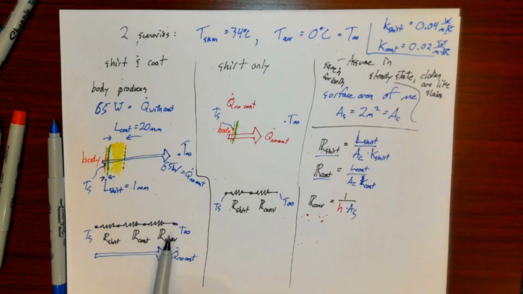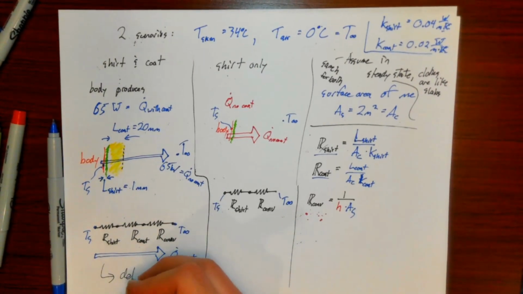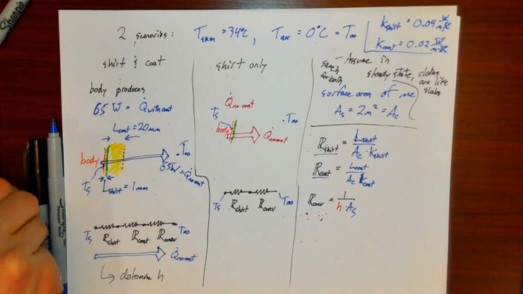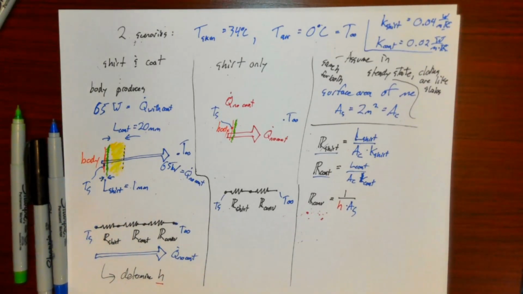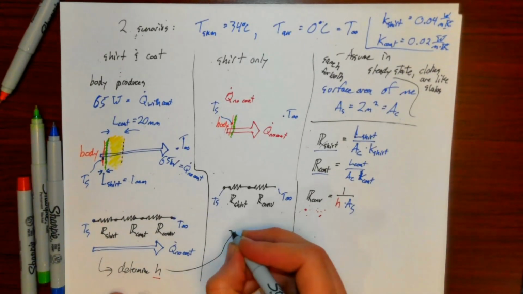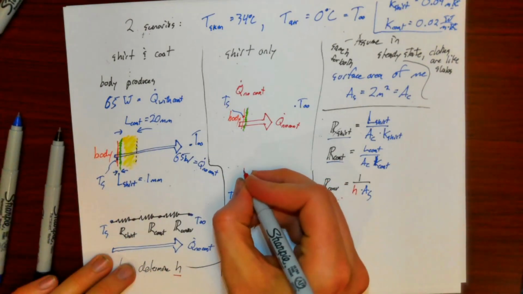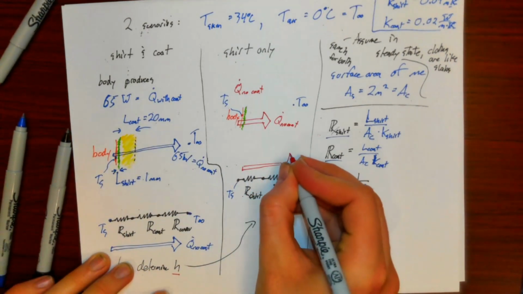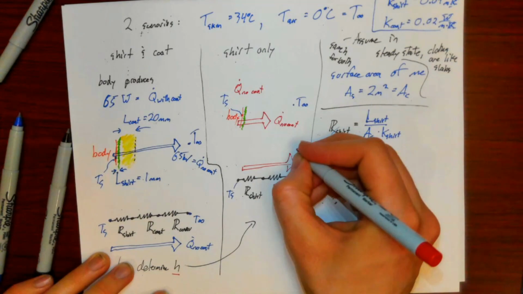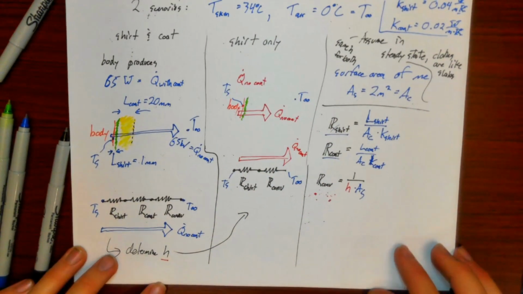So what can we do? We can hopefully use this first scenario to determine h, which is as of yet unknown, and then once we have h, we'll plug it into this system to figure out our as of yet unknown Q dot with no coat that's flowing through these resistors.